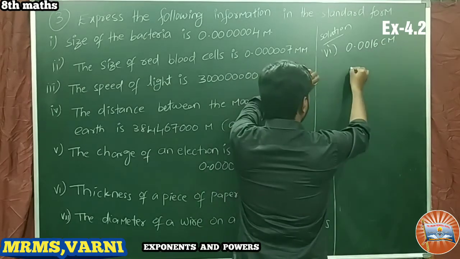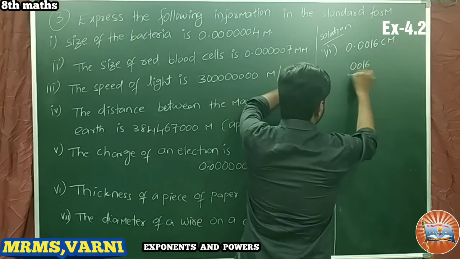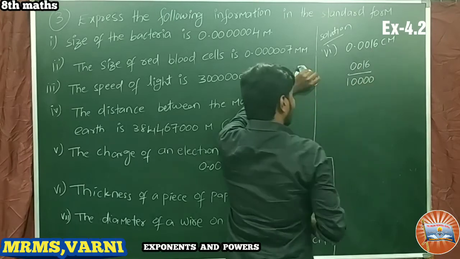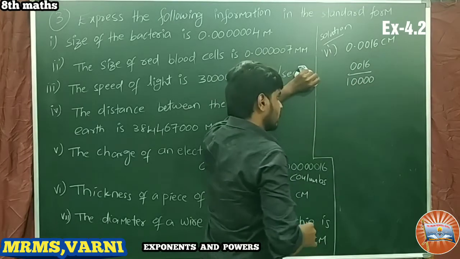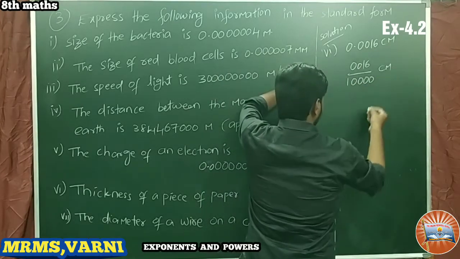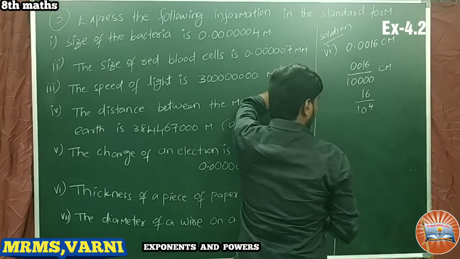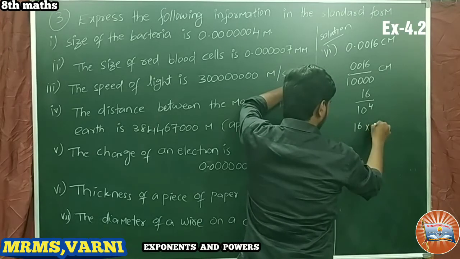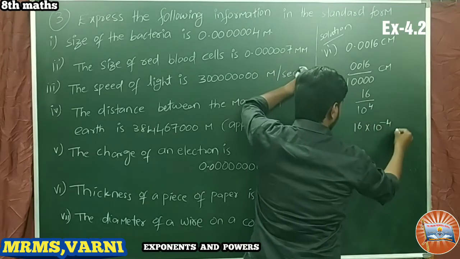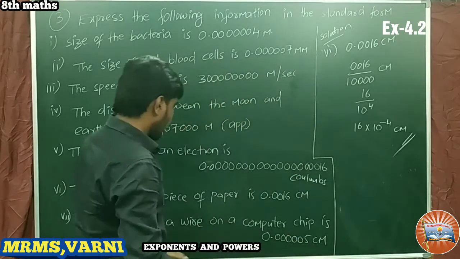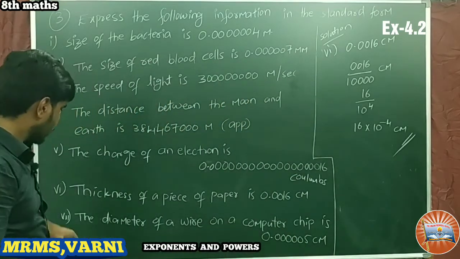This we can write 16 by 1 followed by 4 zeros, because after the decimal point we have 4 decimal places. Centimeter as it is, 16 by 10 power 4 we can write. This becomes 16 into 10 power minus 4 centimeter, which is the standard form. Okay, right. Next go for problem number 7.